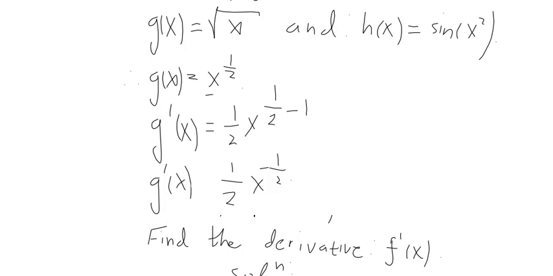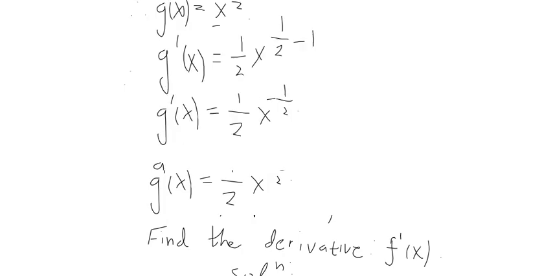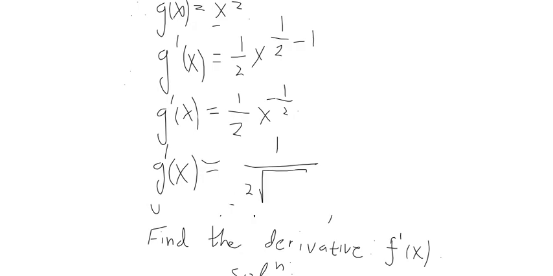So that's my g prime of x. Preferably we want to have positive roots here, so g prime of x is equal to 1 all over 2 square root of x. So we figured out what our g prime is.